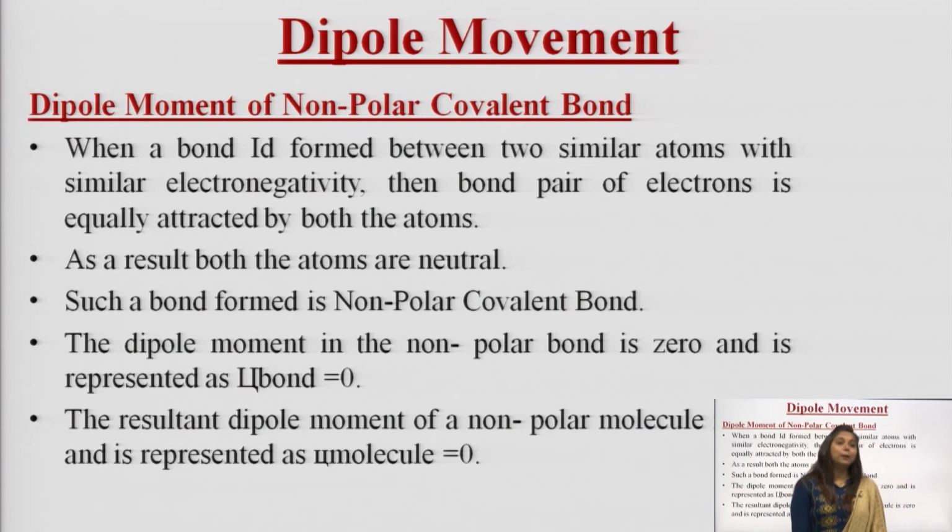The atoms become neutral in their nature. Okay. Such a bond formed is a non-polar covalent bond. That bond which is formed between the neutral atoms, that bond is known as a non-polar covalent bond. The dipole moment in the non-polar bond is 0 and it is represented as mu equal to 0. Okay.